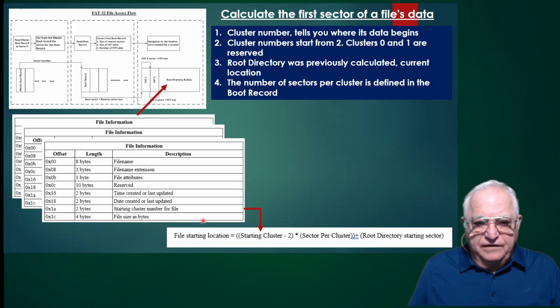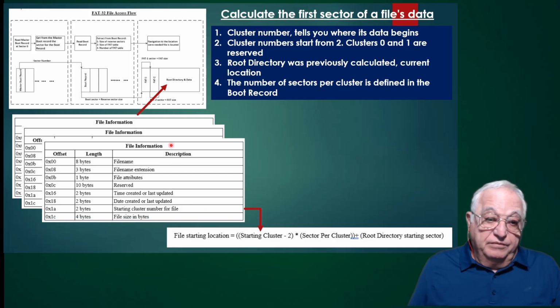So for our file, first we go to our file information table, and we get the starting cluster. Now the starting cluster, we have to subtract 2. That's where we are in the cluster, but we need to figure out how many sectors per cluster, and that's going to get us exactly to where our file is. But we start adding, starting from the root directory.